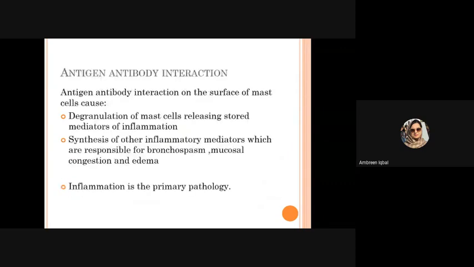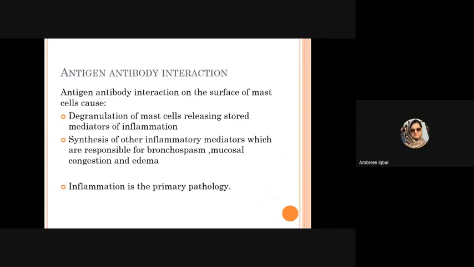What happens in asthma? In asthma, there is antigen antibody interaction on the surface of the mast cells, and the mast cells are going to degranulate. We know there are so many inflammatory mediators inside the mast cells.